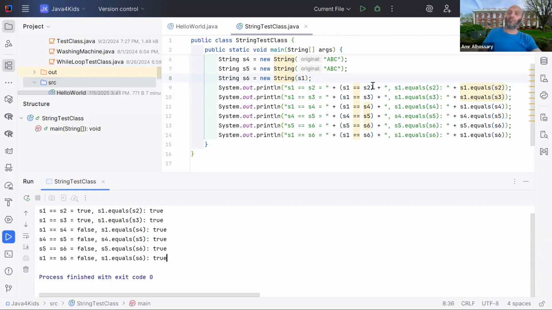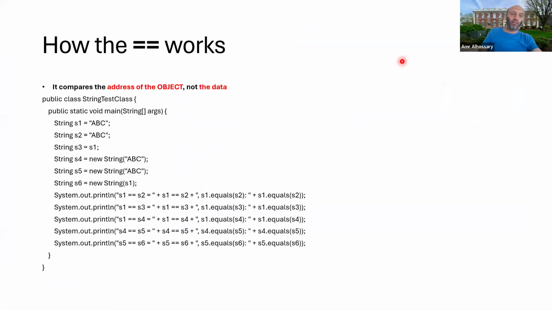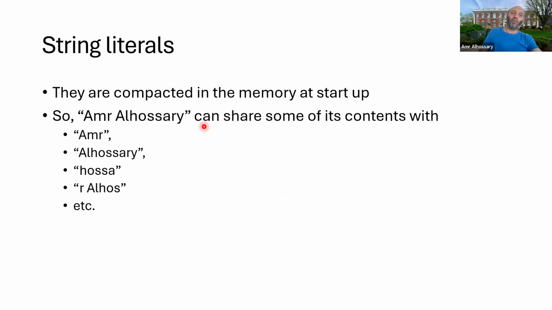So comparing the content is done using equals. Comparing the address of the object is done using the equal operator. Done? Fine? I got it.